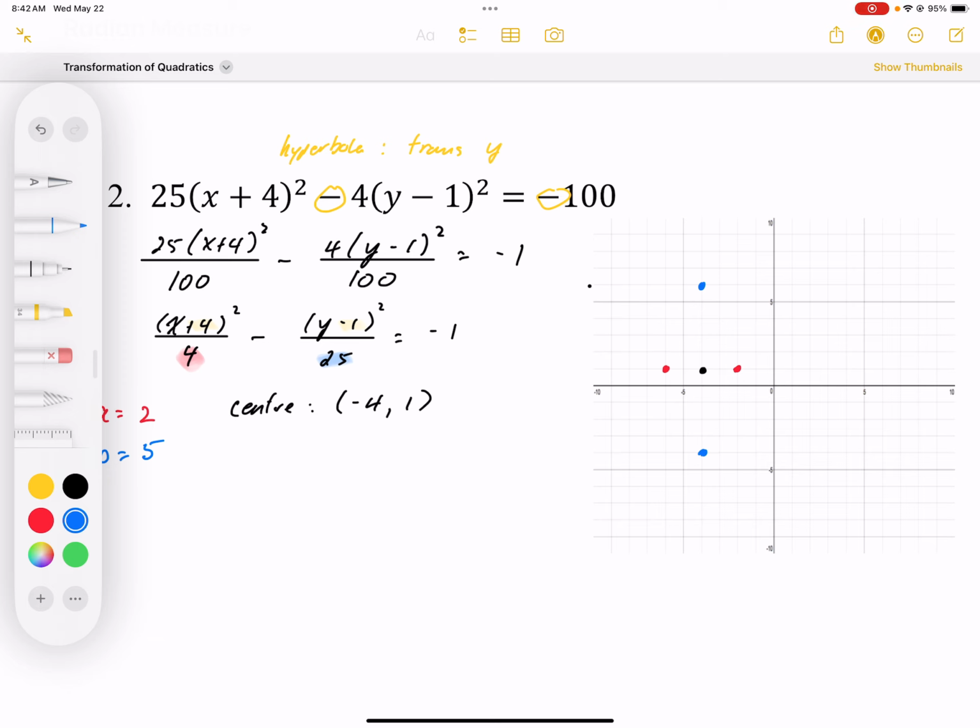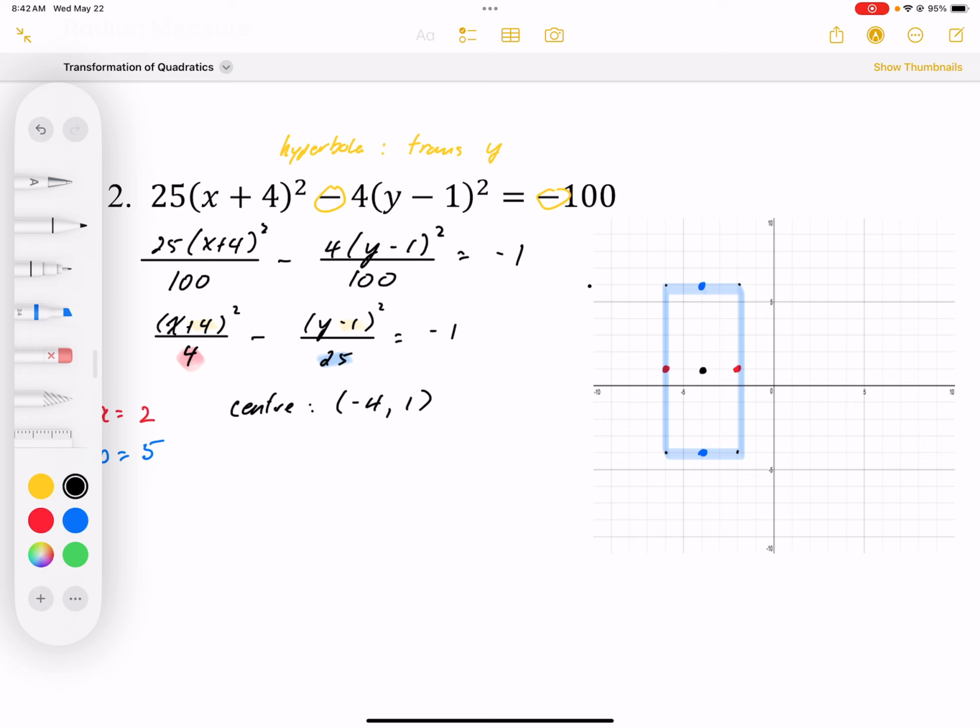Okay, so this is a hyperbola, so this is where it differs from the ellipse. We're just going to locate the corners of that rectangle, and I'm going to sketch in that rectangle just to give myself a visual to let me kind of see what the slopes are here through there.